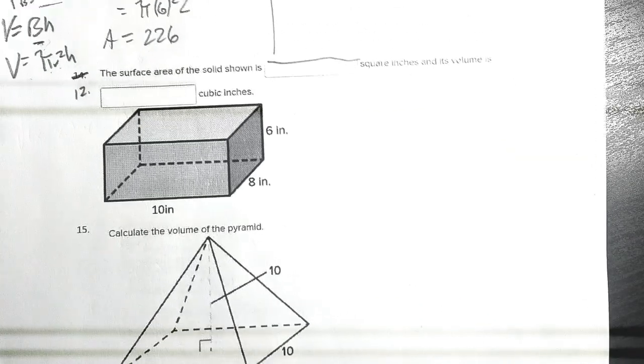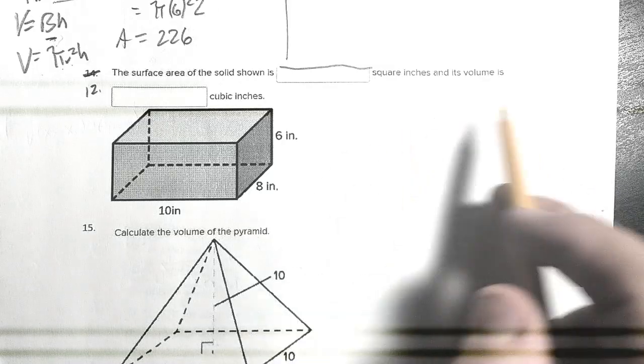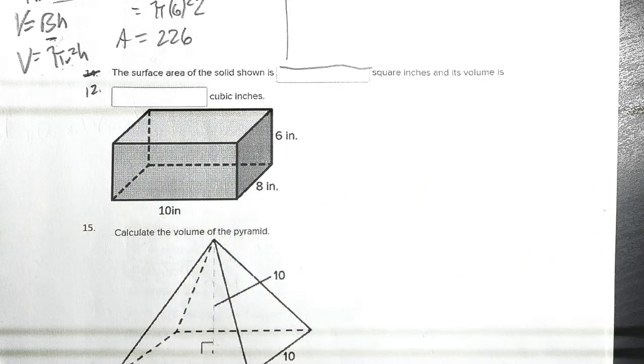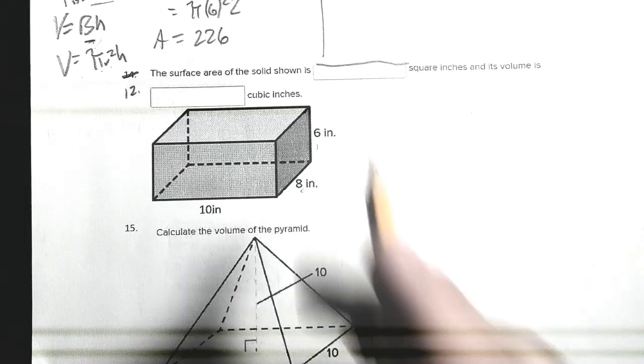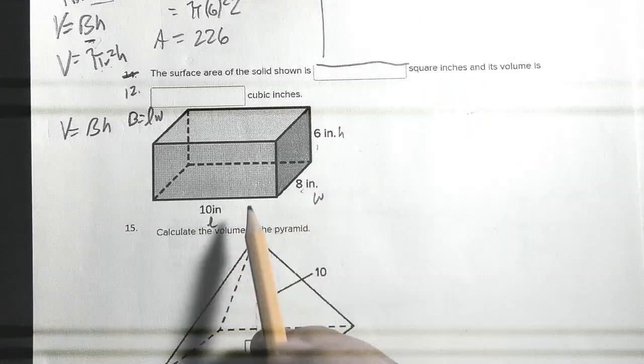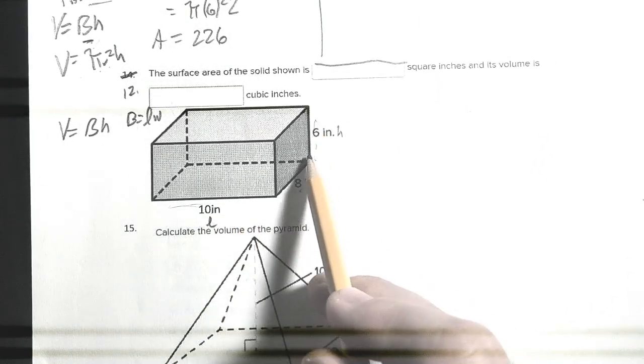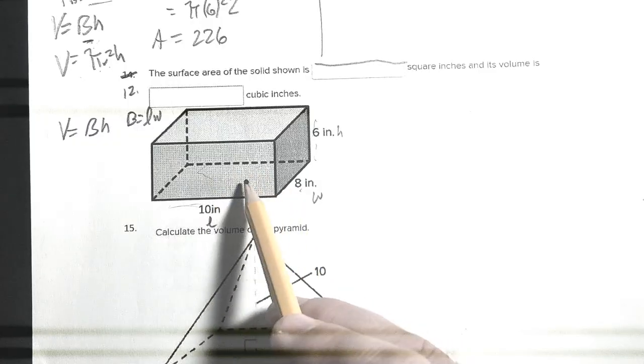Okay. All right, so surface area of a solid shown. So this is a prism, and its volume is blank cubic inches. So volume is the easy one. I'm going to write it over here again. So volume for a prism is base area times height. Now, for this rectangle, that base area is length times width. This is how long it is, this is how wide it is, and this is how tall it is, because it's sitting on its base.